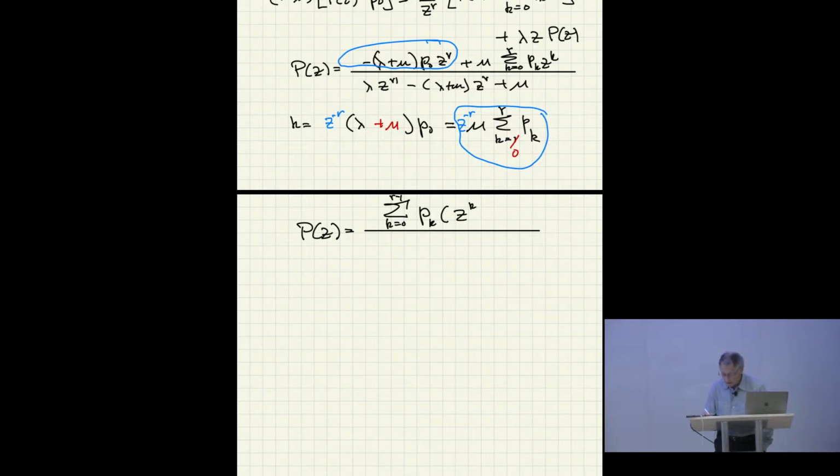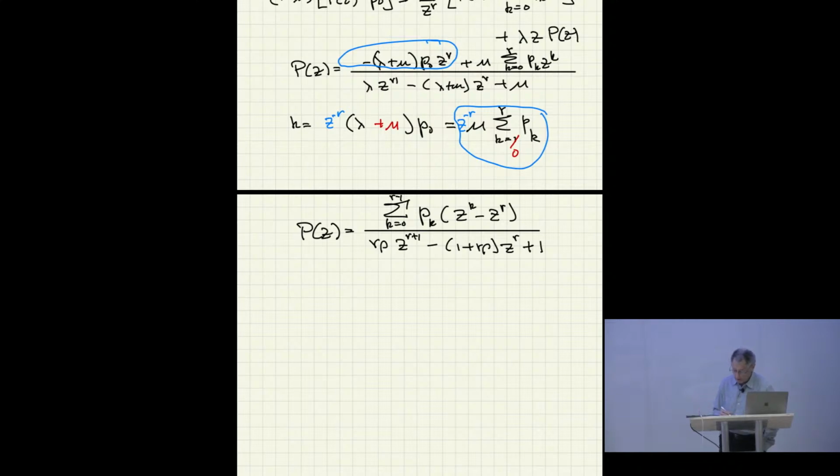So I'll multiply through by z to the r. And downstairs I get r rho z to the r plus 1 minus 1 plus r rho, all of that is z to the r plus 1.